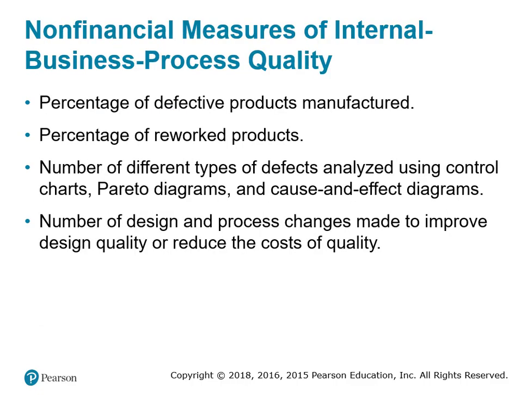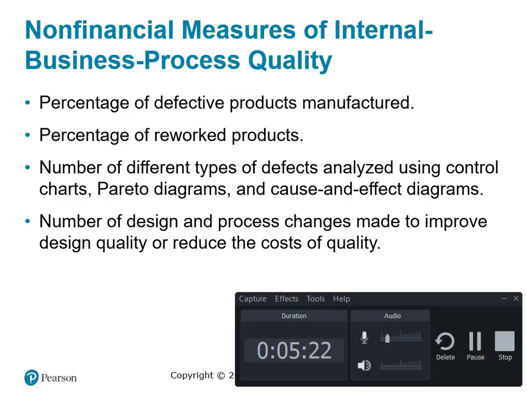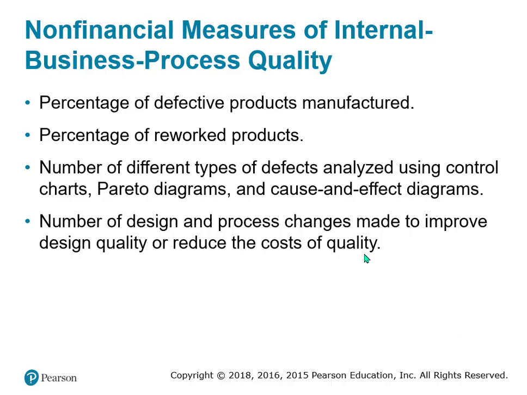I wanted to get to the other categories here. These are some of the non-financial measures of internal business process quality. Percentage of defective products manufactured. Percentage of rework products.